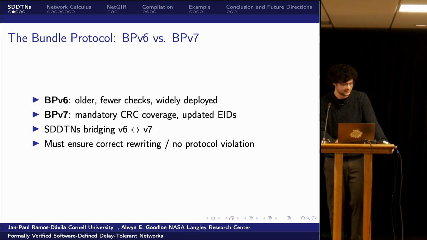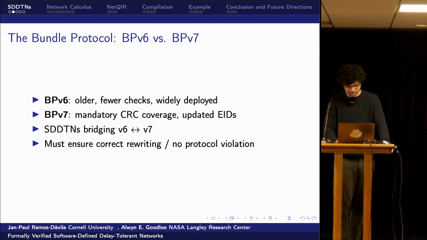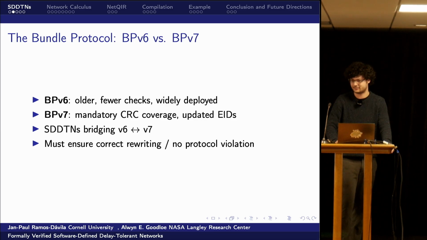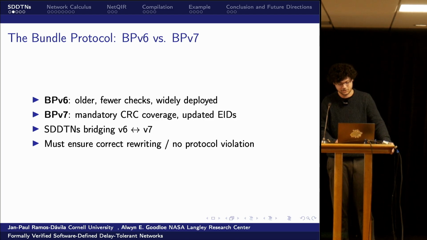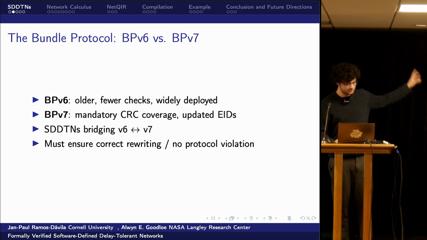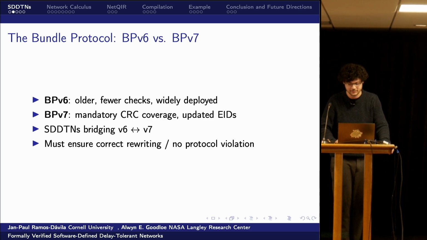There are some slight differences between them, mostly that bundle protocol v7 has updated block structures and can handle fragmentation differently than bundle protocol v6. This means that whenever we want to send information from one bundle protocol version to another, we want to make sure that none of the information is lost when updating the information within these systems.